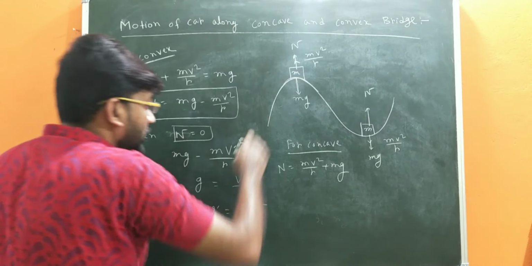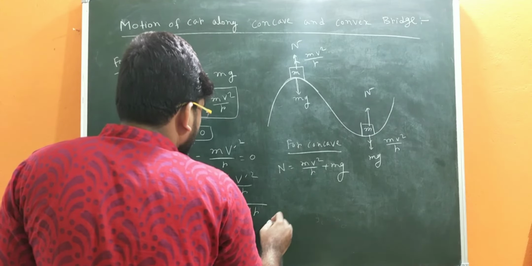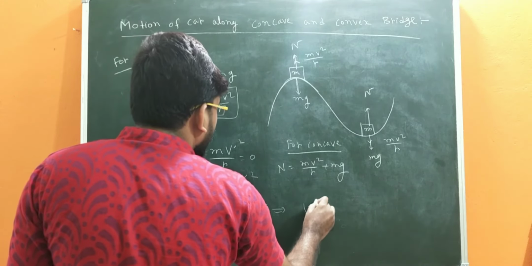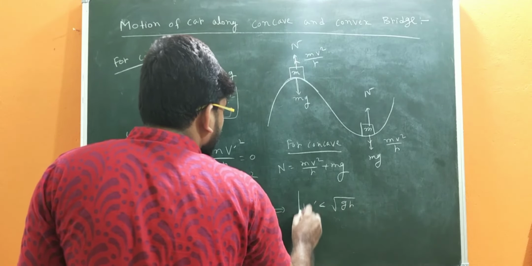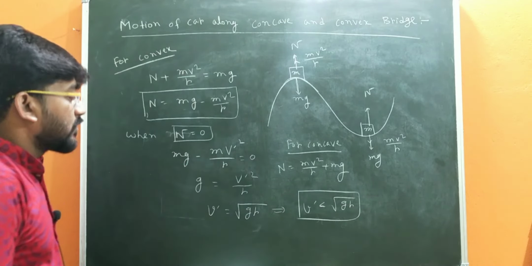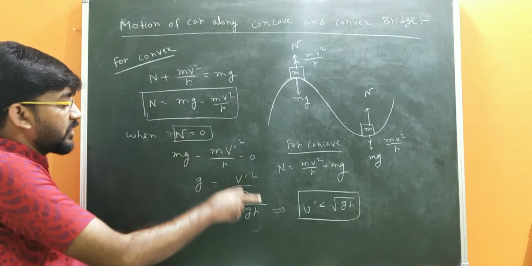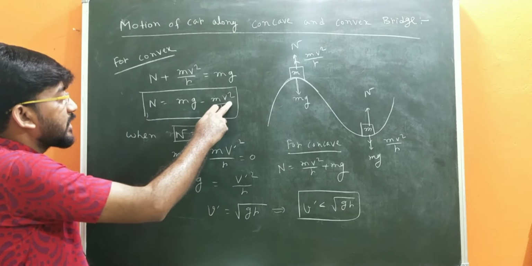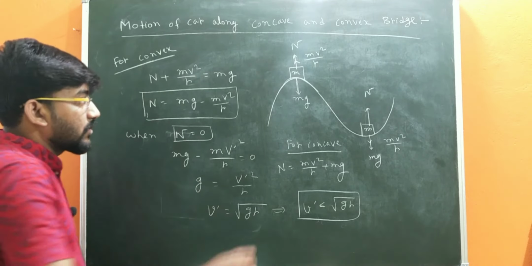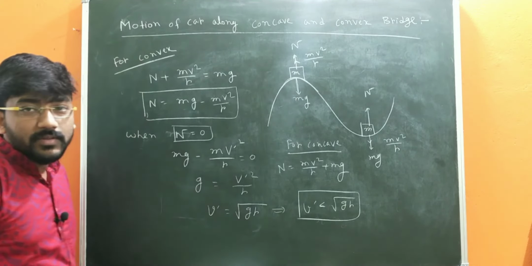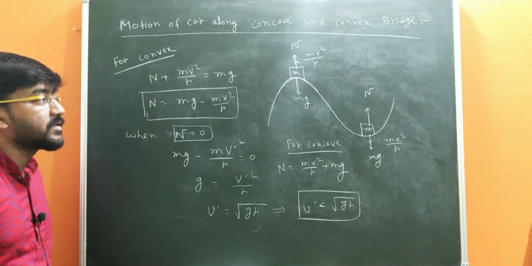For the car to safely cross the bridge, it should have velocity v dash less than root gr. If the velocity equals root gr, then N will be 0, and the car will lose contact with the surface. So the accident would occur.